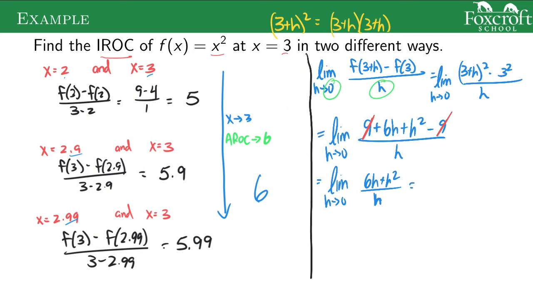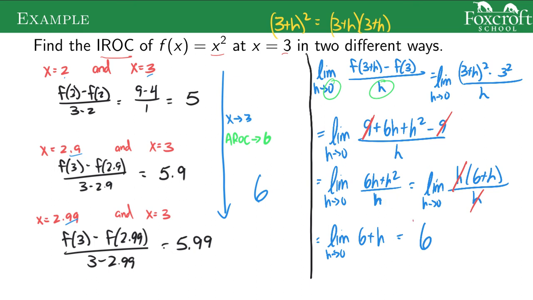What we can do now that we got rid of everything that doesn't have an h is factor an h out on the top and then cancel that h out. And just like when we were doing limits before, once you cancel out the thing that was giving you trouble, now I just plug in h equals 0 and I just get 6. All right, so that confirms that our guesstimate was right. The average rate of changes are converging to 6, and this limit definition confirms that our instantaneous rate of change at this point should be 6.